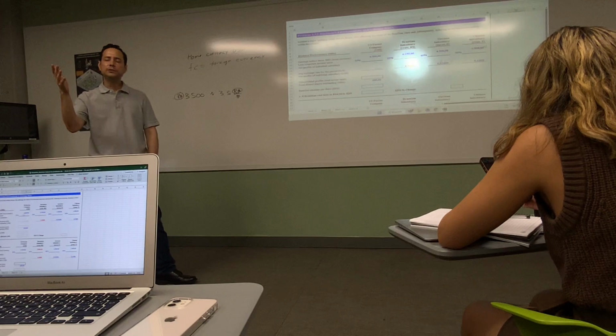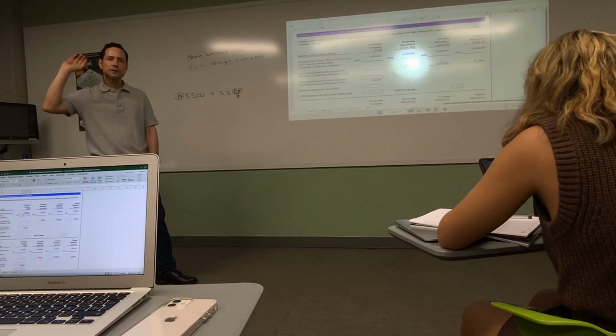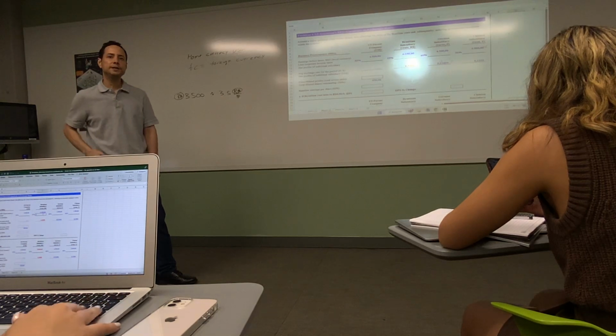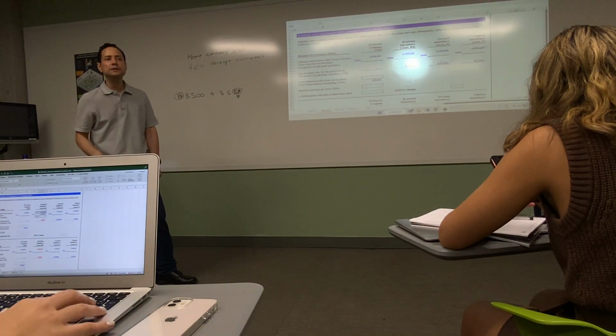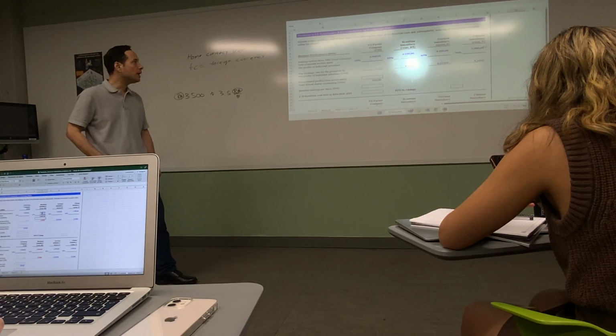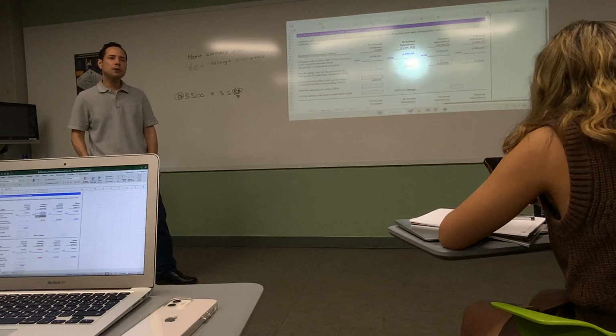The exchange rate was 3.5, the exchange rate now is 4.5. So the Brazilian real is depreciating. What we are trying to illustrate here is what's going to happen now to the earnings per share of the company.